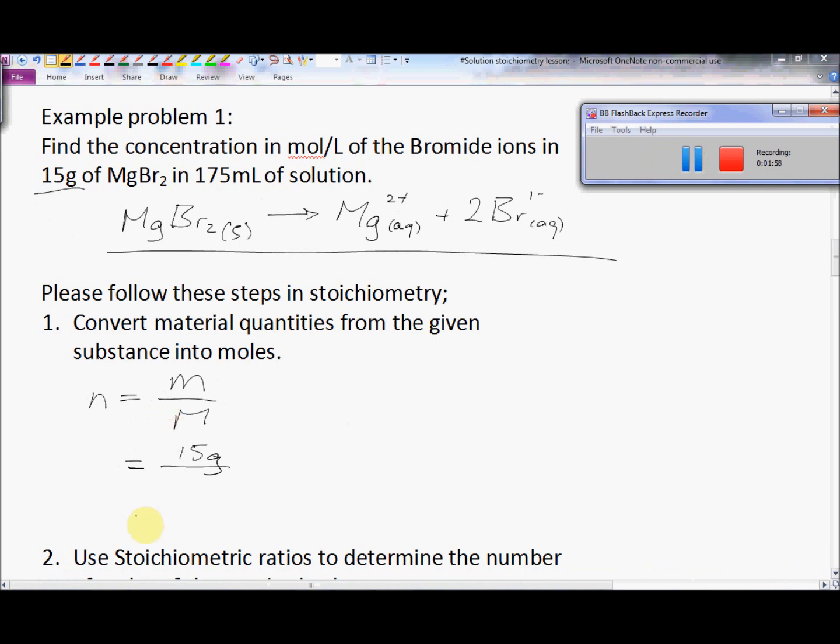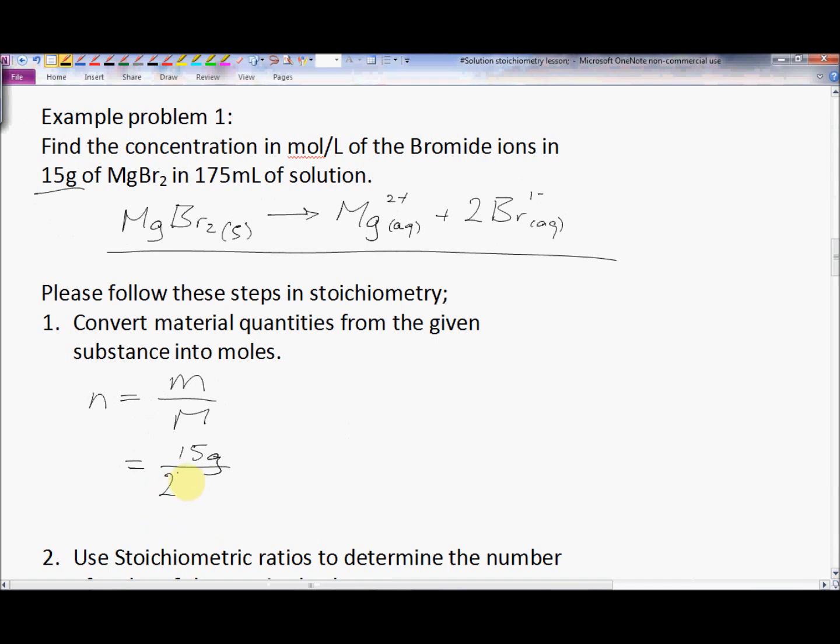To find the molar mass of magnesium bromide, we're just going to go 24.1 for the magnesium, plus 2 times 79.90 for the bromine, and this is all grams per mole. Which should work out, if you plug that into your calculator, to be 0.0815 moles. Okay, pretty simple.